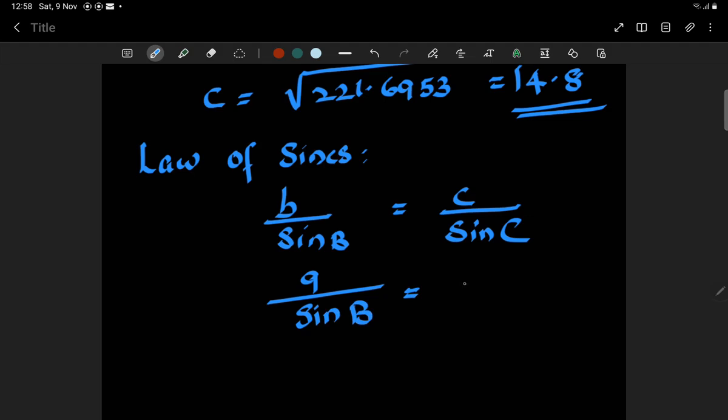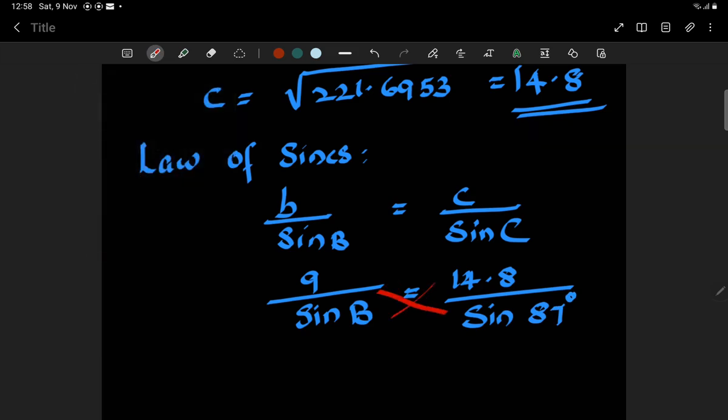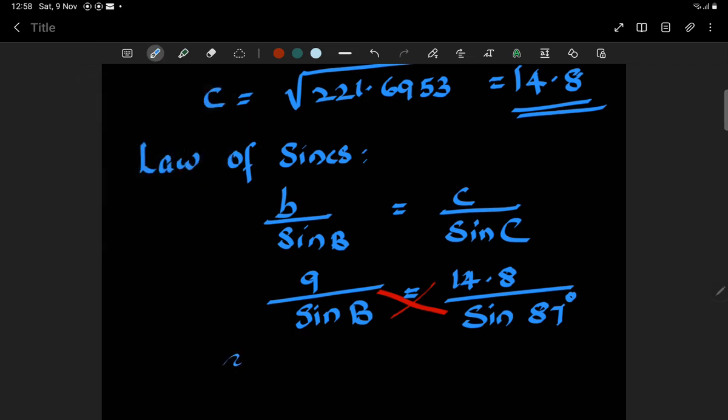Small c, we got the answer 14.8, divided by sine capital C. Capital C is given in the question as 87 degrees. Then cross multiplication and find out the answer.